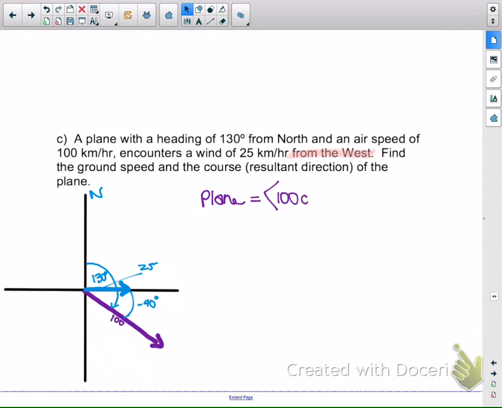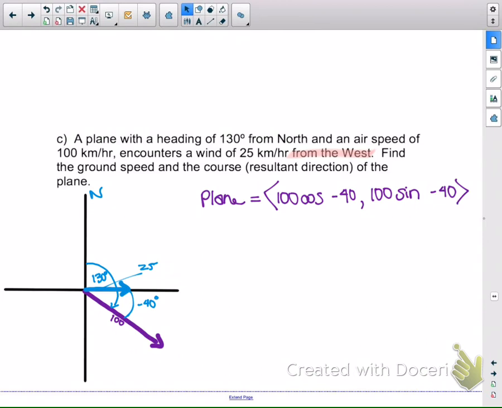What's my magnitude for my plane? 100. Cosine of what's my angle for my plane? Negative 40. I cannot use the heading or the bearing because it's from north. I've got to use the angle with the x-axis when I type it in my calculator. So then I do 100 times the sine of negative 40 as well.